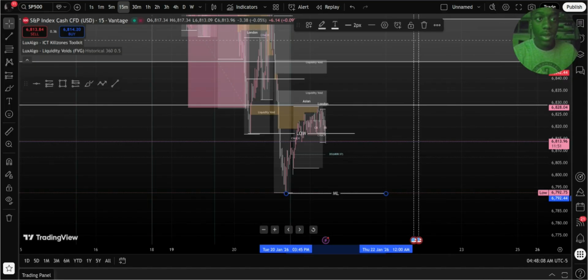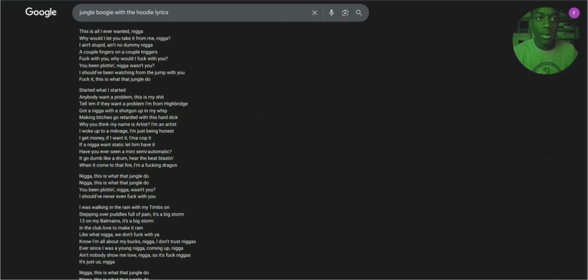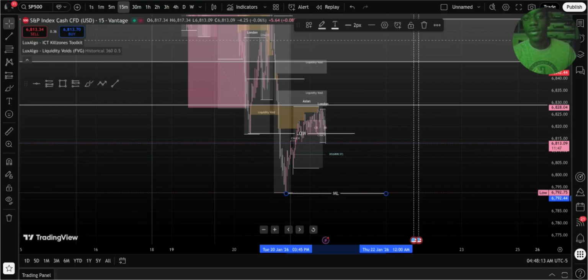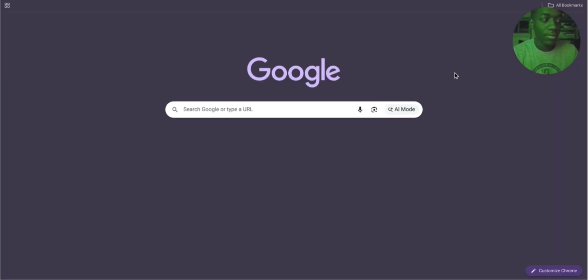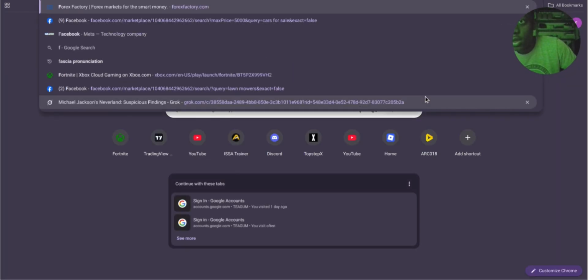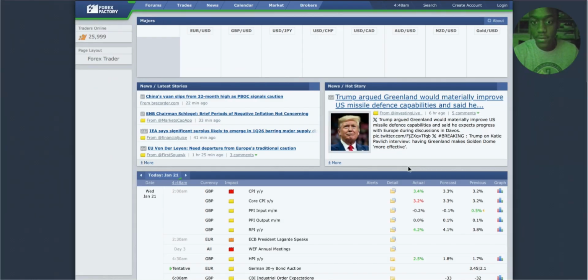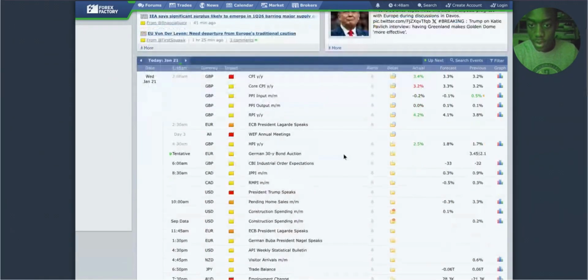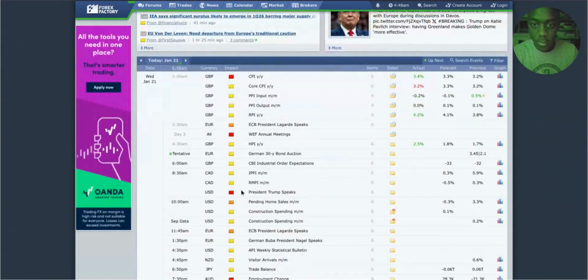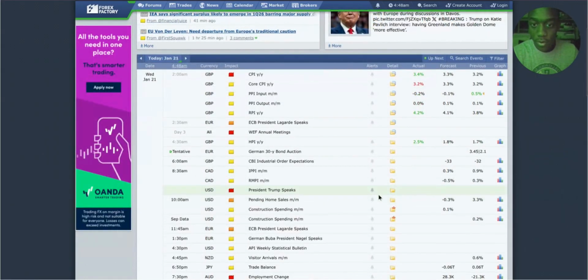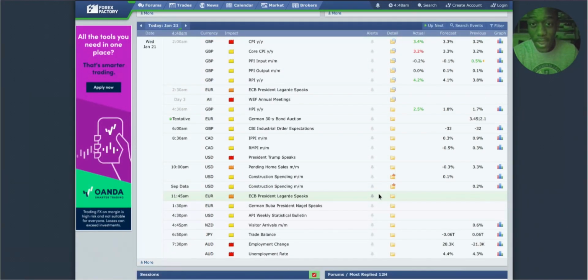But before we get to any of that, let me check the Forex calendar, see what we got today. President Trump speaks. At what time, only the Lord knows. But that is a red flag.